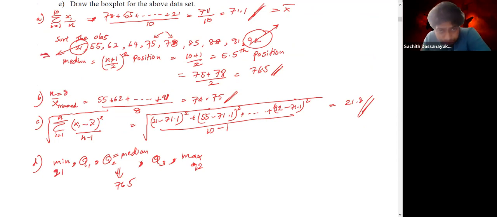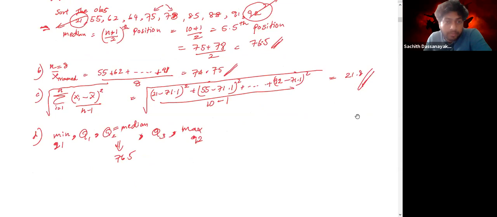If you remember, to find Q1 or quartile 1 with an odd number of observations, you have to include the median in both the left half and the right half.